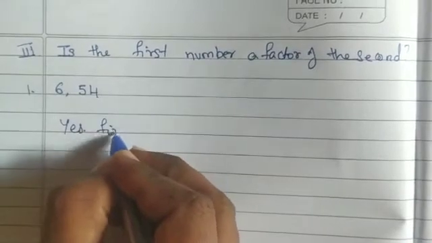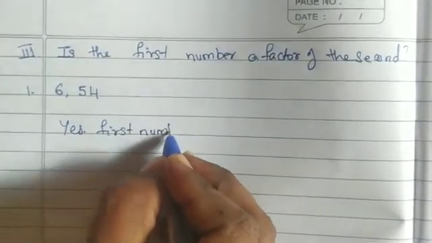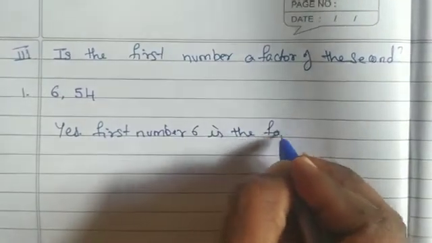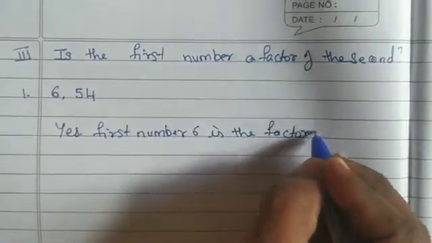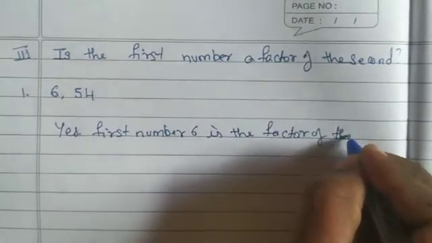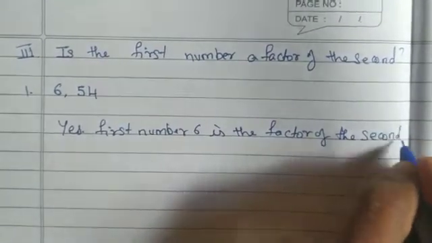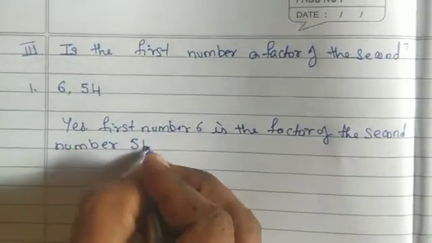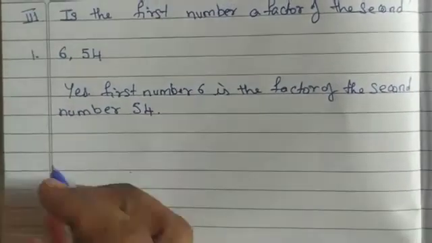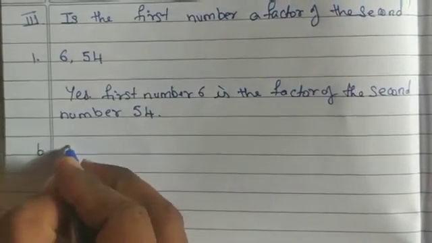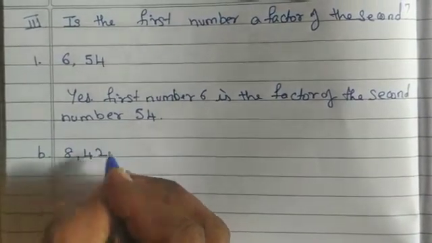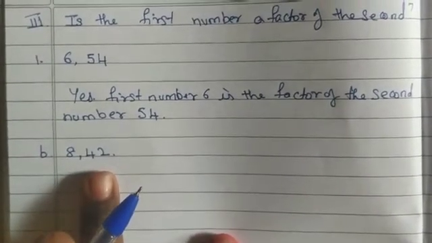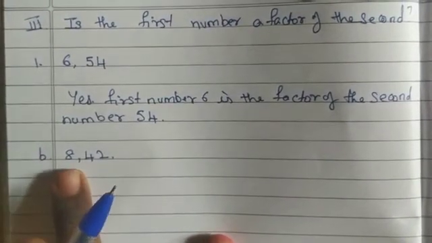First number 6 is a factor of the second number 54. Now our second question is 8, 42. See here, in the table of 8, will 42 come? 42 will not come in the table of 8.